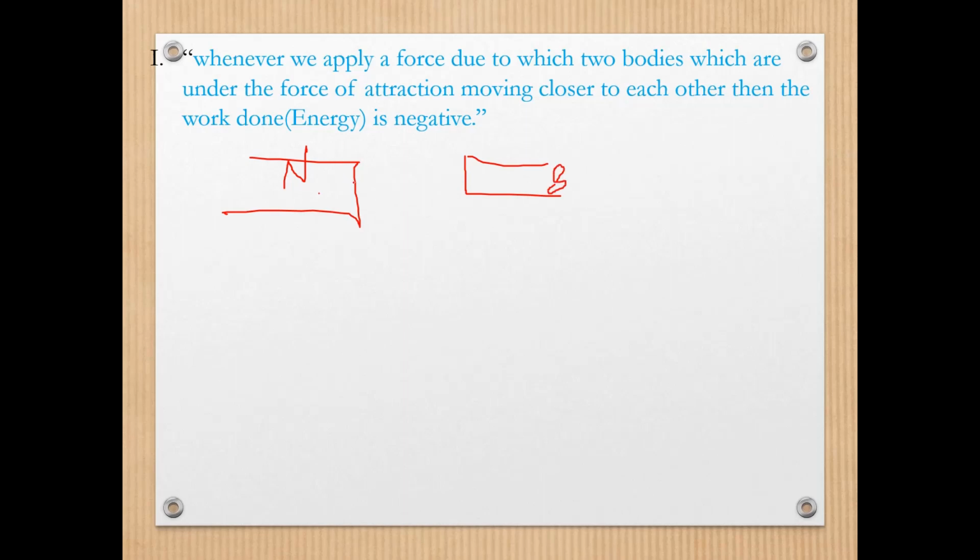These are under the force of attraction, as these are unlike poles. As there is a force, there must be energy, and this energy is negative, and this is attractive. For an attractive force, the energy is negative.